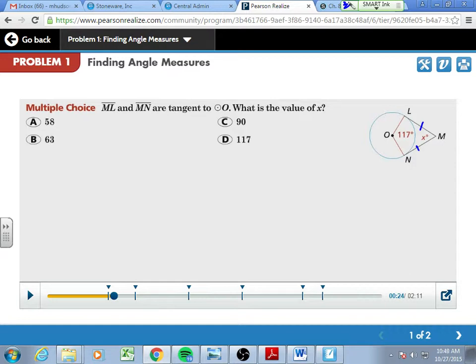Now again, in geometry we say congruent instead of equal. So these are congruent to each other, and since we have two pairs of congruent sides and they're adjacent, this is a kite.